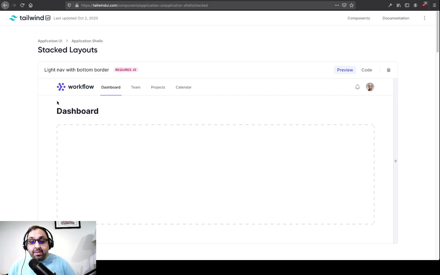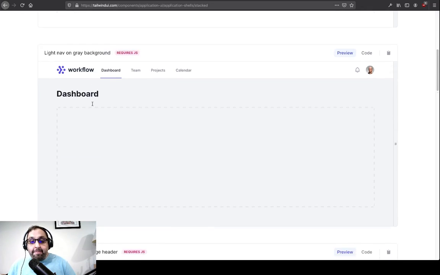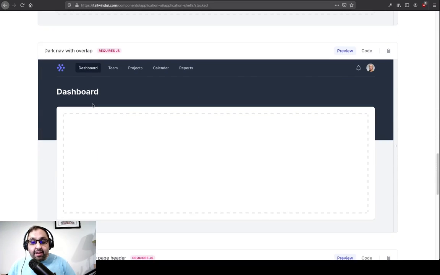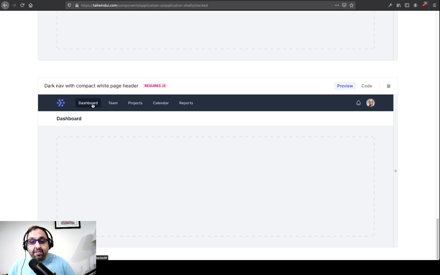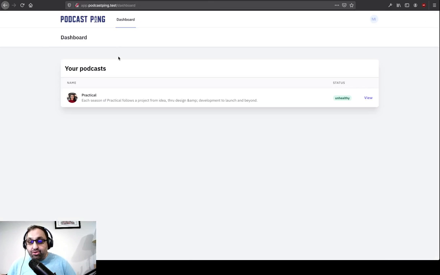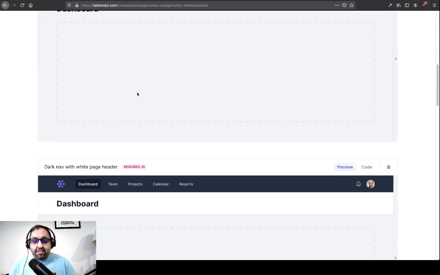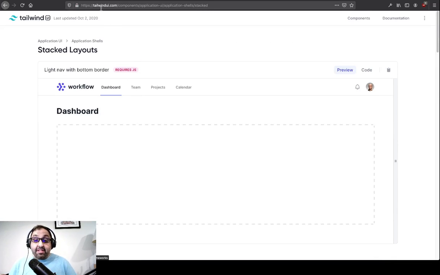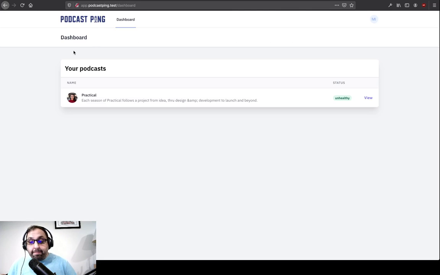I was going to use one of these layouts from Tailwind UI, but what the Laravel folks built into Jetstream looks pretty much the same, and the dropdown and stuff is basically the same. I think it's a mixture of a few of these elements that they have. So rather than swapping it out just for the sake of swapping it out, I figured I would just stick with that instead.